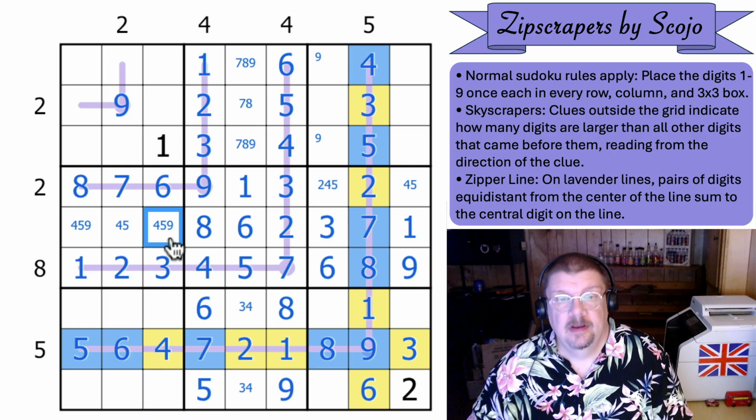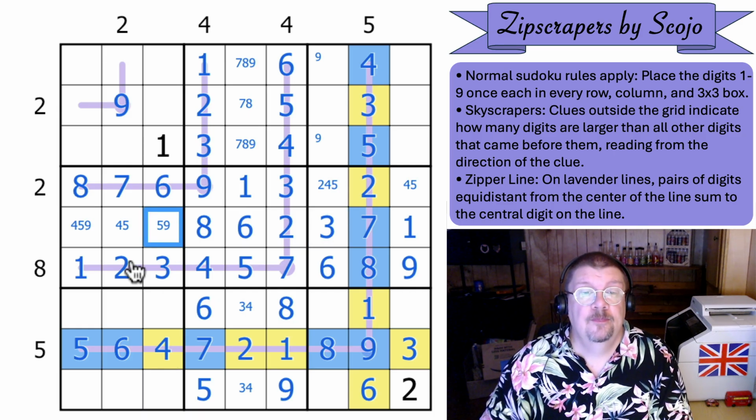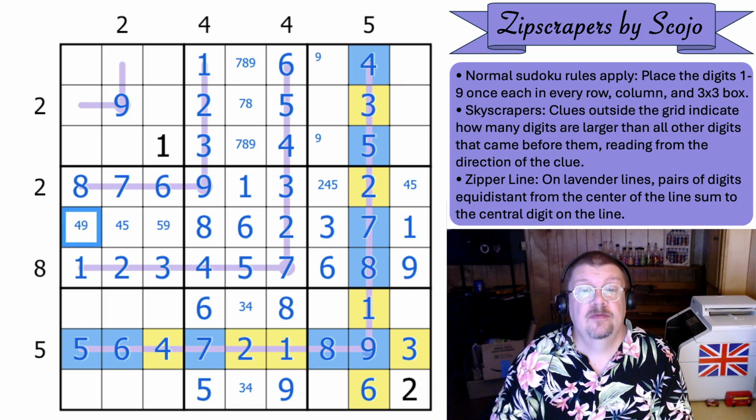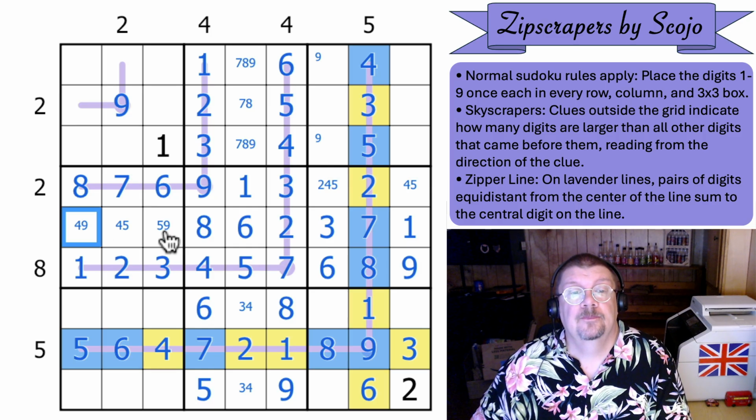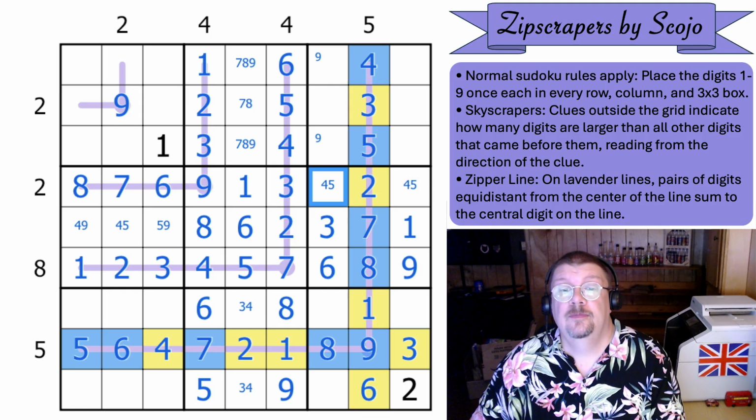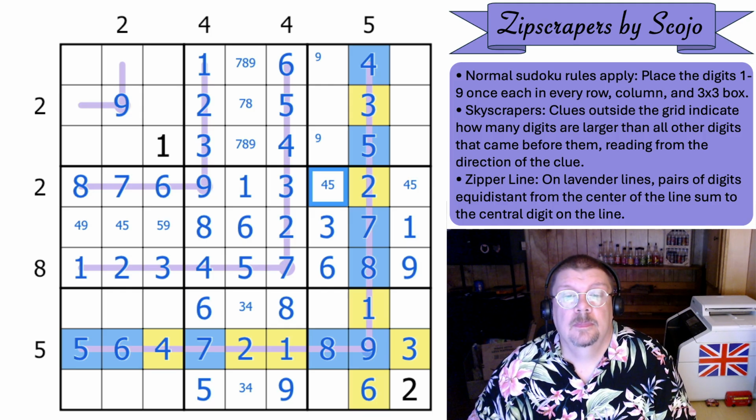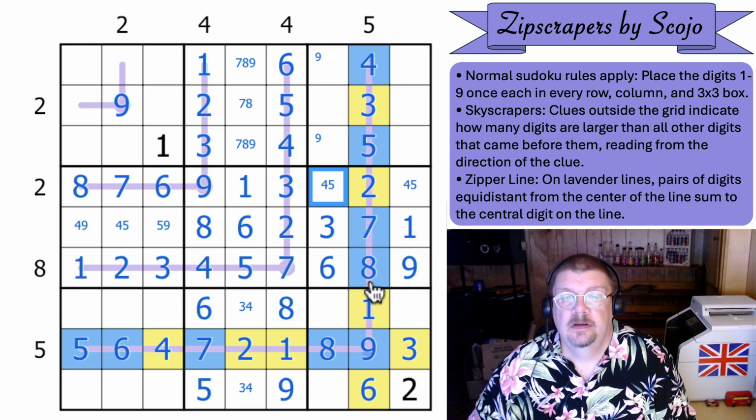This 4 is looking up. That is not a 4. That is not a 5. That is not 2. Okay, it feels like we are approaching figuring this out.